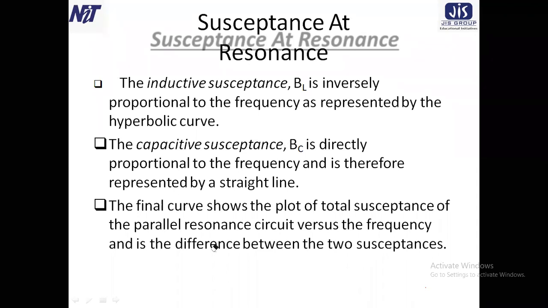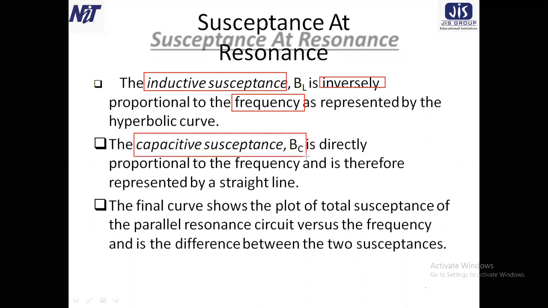Look, the inductive susceptance, BL, is inversely proportional to the frequency as represented by the hyperbolic curve. From the curve we can conclude this. The capacitive susceptance is represented with BC and is directly proportional to the frequency, and is therefore represented by a straight line.